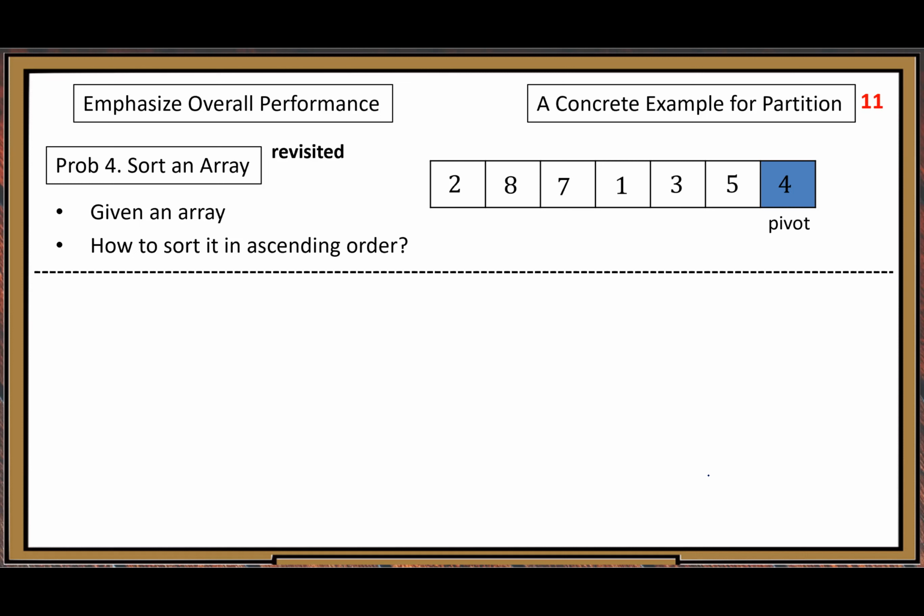Then there won't be a good way to do the partition. We will see those two cases later, when we consider the worst case, the maximum element or the minimum element at the pivot position.